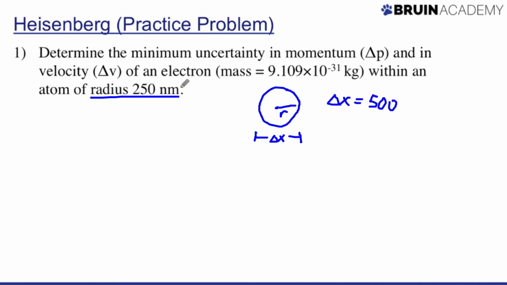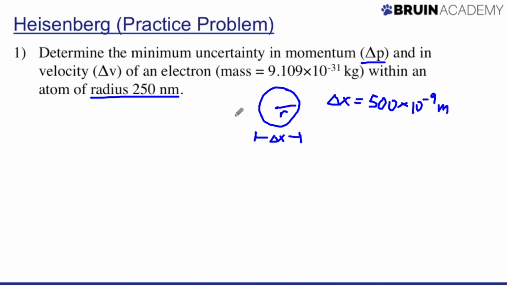Let's convert this to meters, because those are our standard units. 1 nanometer is 10 to the negative 9 meters. So we can write 500 times 10 to the negative 9 meters as our delta x, and we are looking for delta p and delta v.